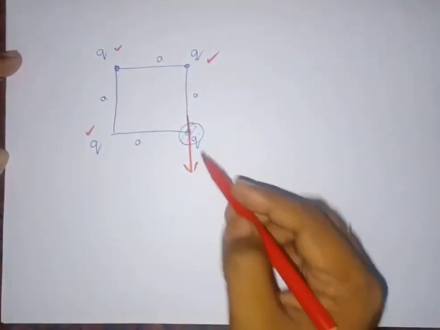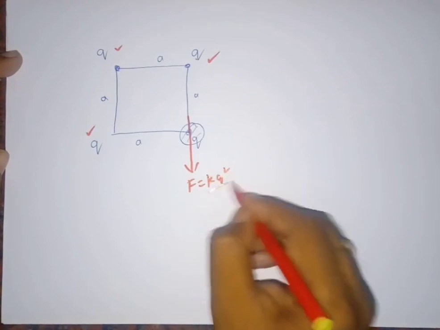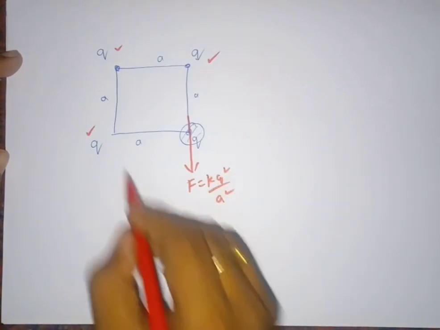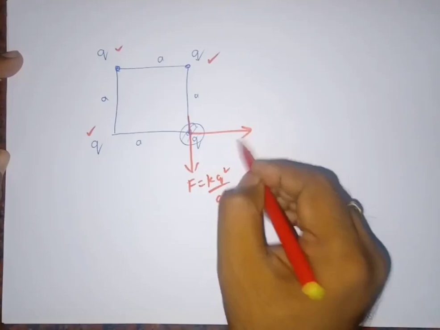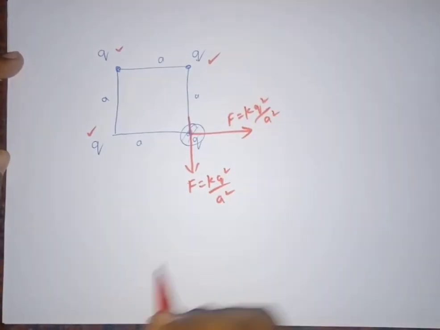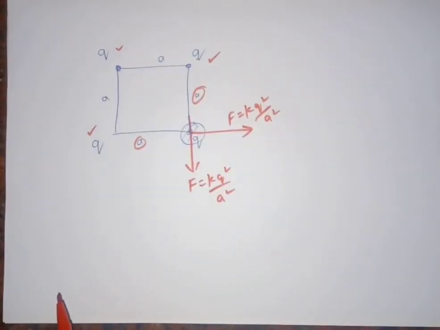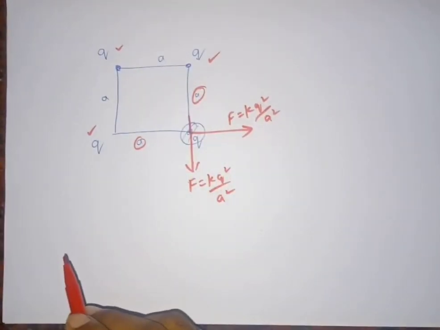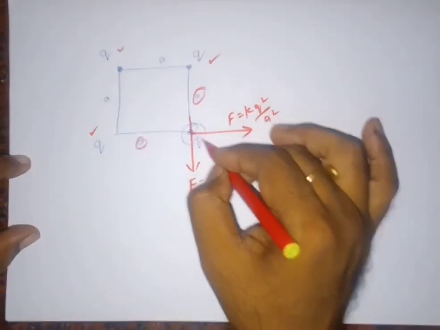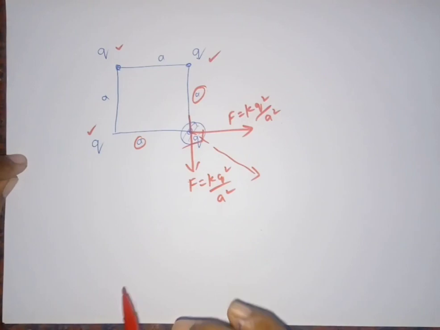So the first charge is going to repel it like this, kq square by a square. This charge is also going to repel it like this, F is equal to kq square by a square, because the distance happens to be the same and the magnitude is also the same. Now what is the resultant force according to the parallelogram law when the angle is 90 degrees?